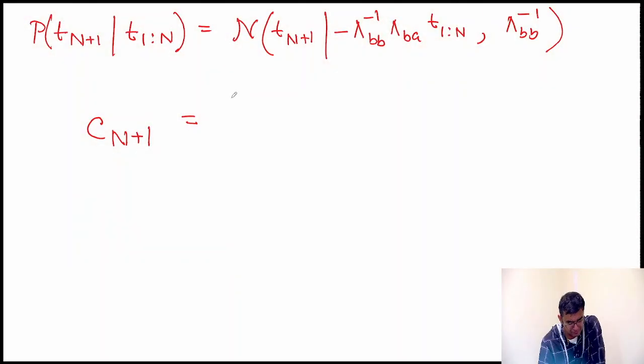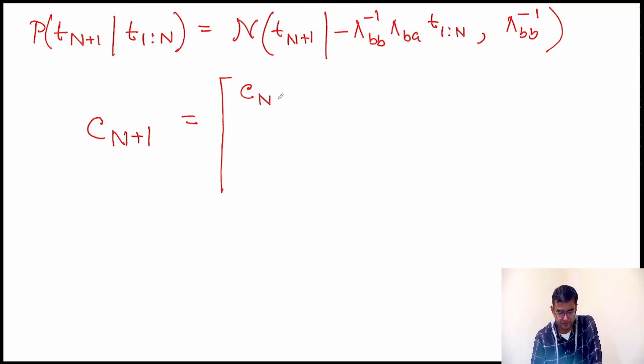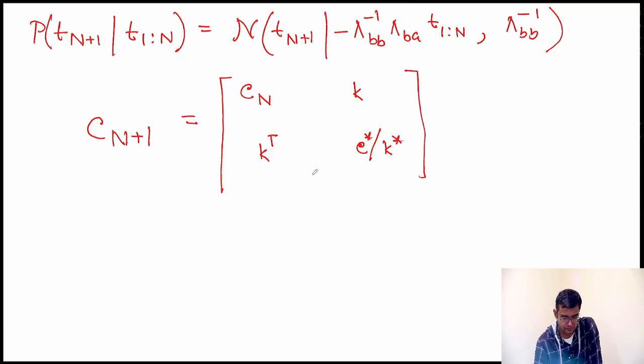If you think carefully, and this is very easy actually, this one should be Cn, this will be K, this will be K transpose, and this will be a small c. Sometimes we write C star, or sometimes K star. What is Cn?